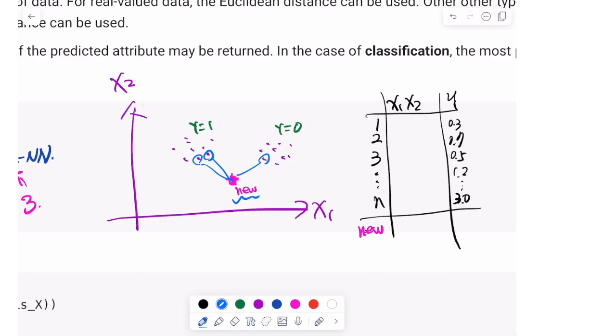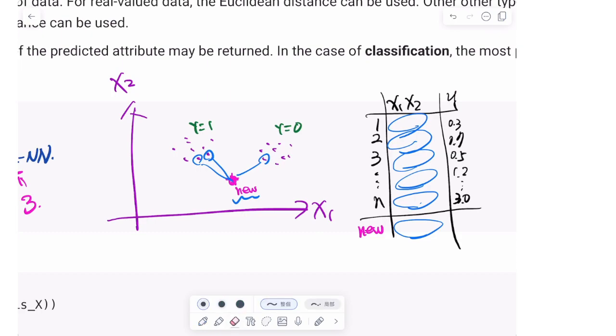You simply use the x1 and x2 values to calculate the distance between the new value and the n training data. And again, you select the K nearest data points. For example, we select the 3 nearest ones.